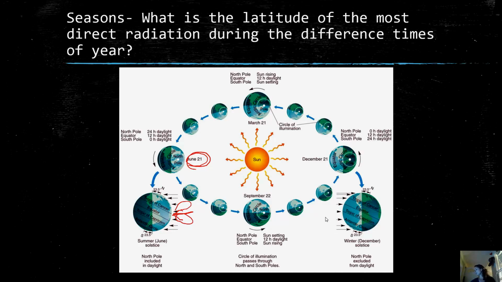And then during the winter months for you and I, the greatest heating of the Earth is at 23.5 degrees south and in the southern hemisphere, shifting everything south of the equator. So we'll look at some slides here to think about that.